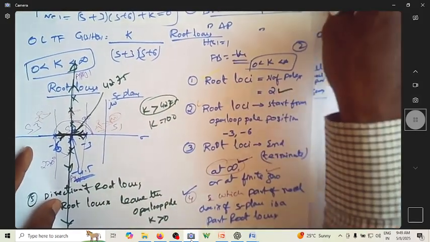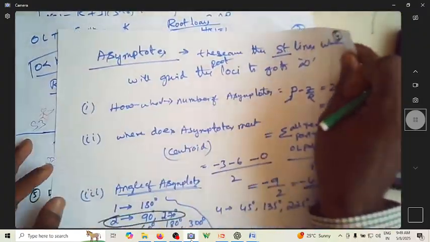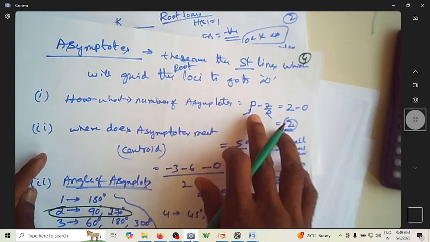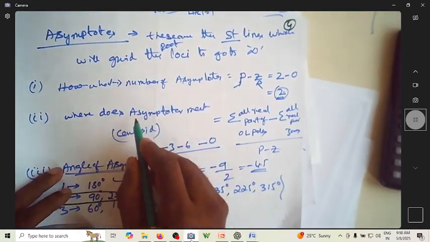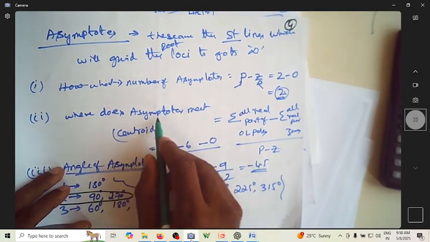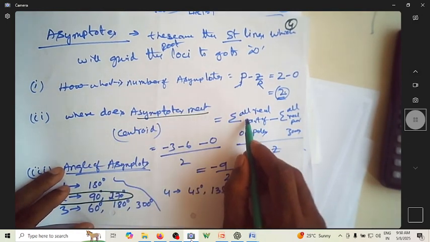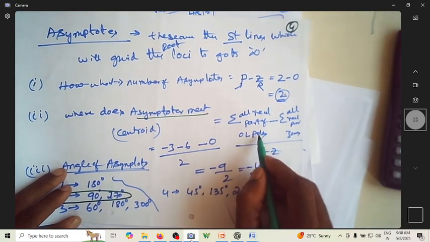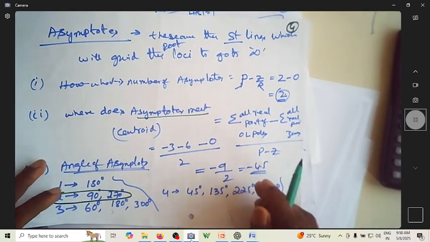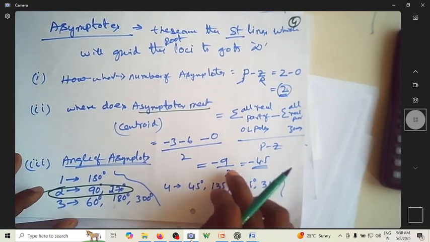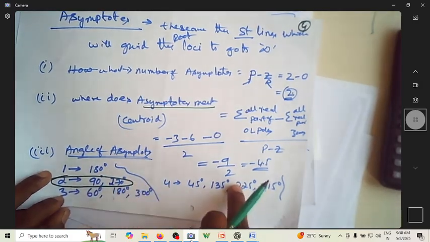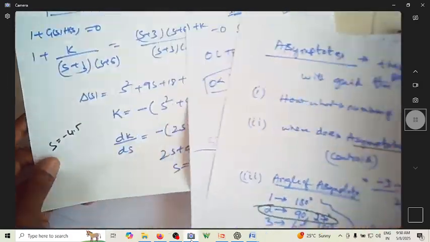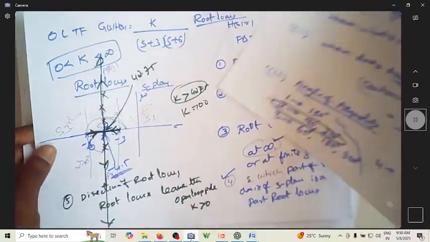The number of asymptotes is always equal to p minus z, as that many loci will go to infinity. Then you want to find where the asymptotes meet, which is nothing but real part of poles minus real part of zeros divided by p minus z, which happens to be minus 4.5. Then the angle of asymptotes, these standard angles, and then we plotted the final root locus.